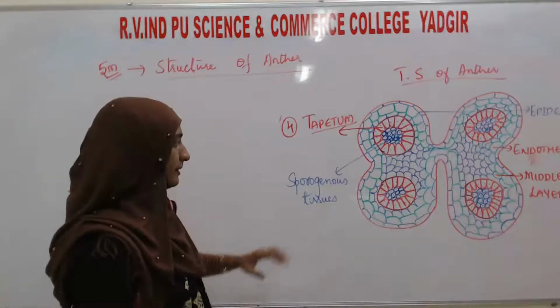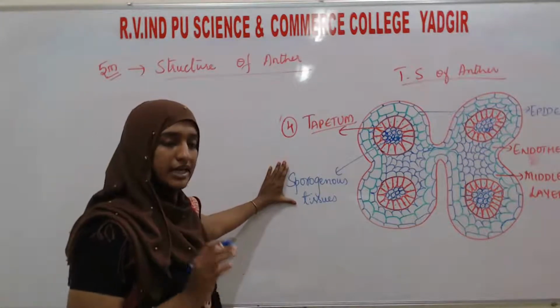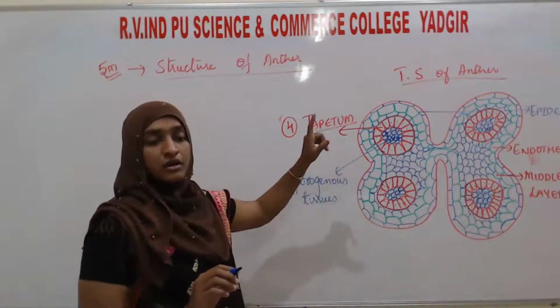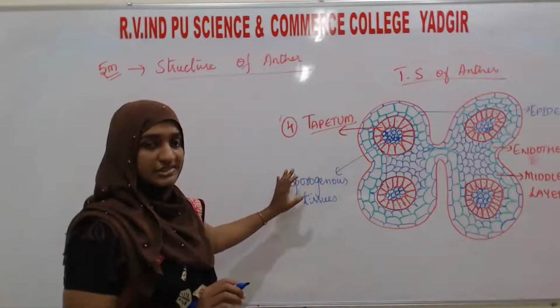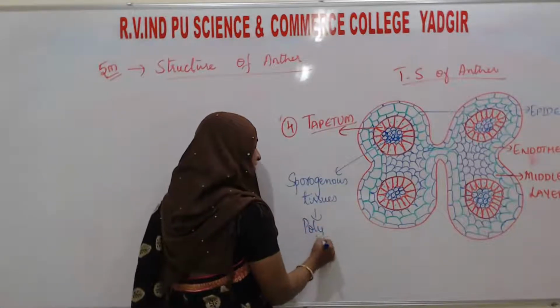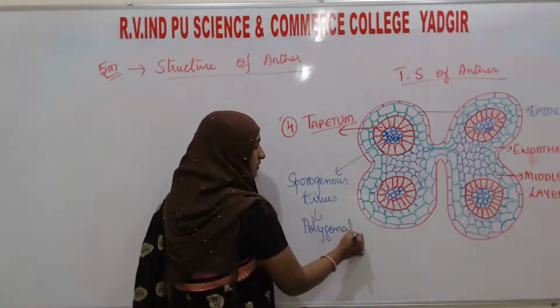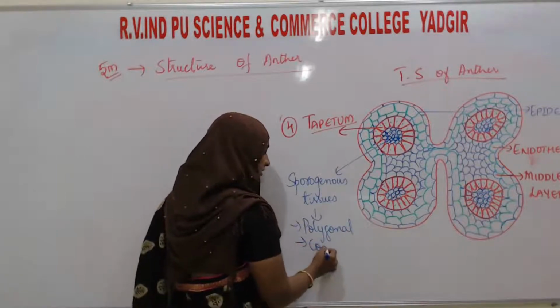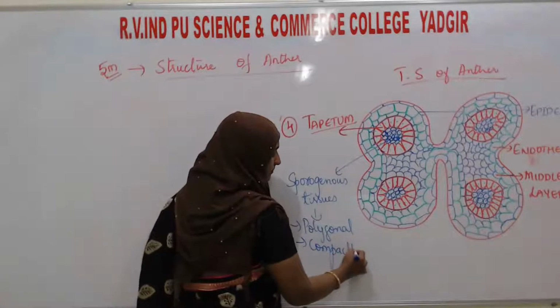See here, when the anther is younger, the cells of the sporogenous tissues will be polygonal in shape, and they are compactly packed.